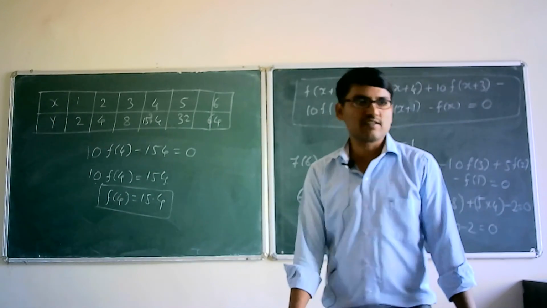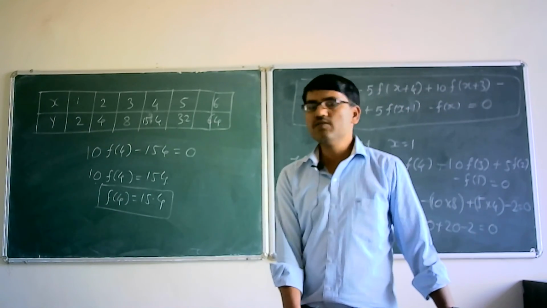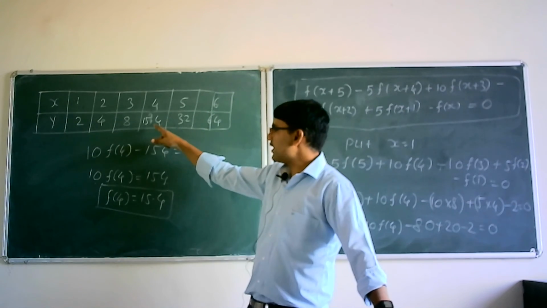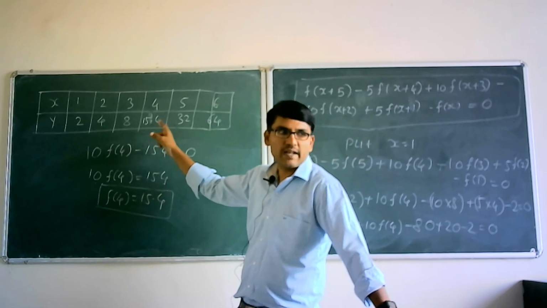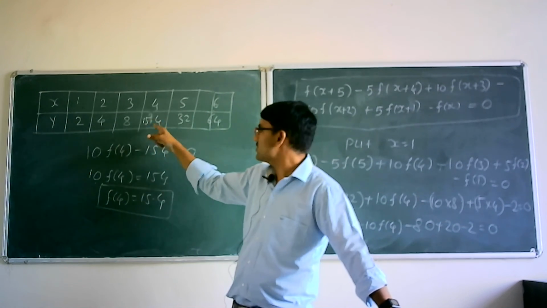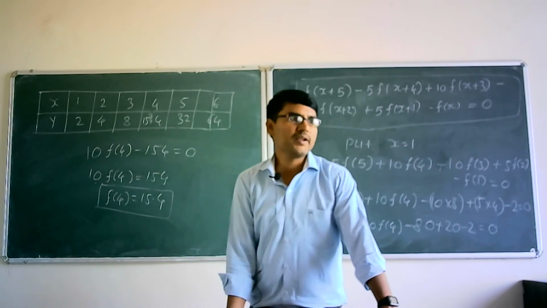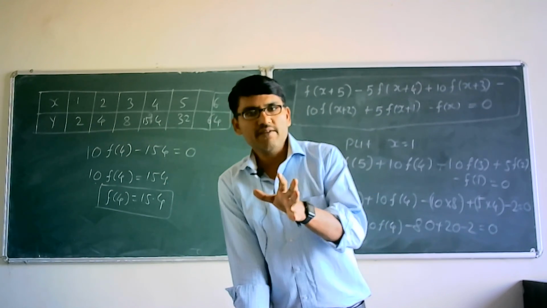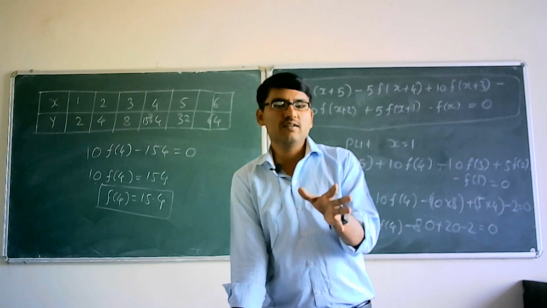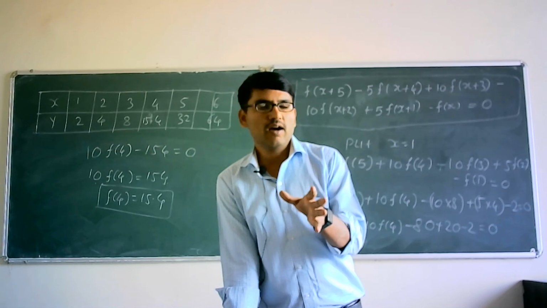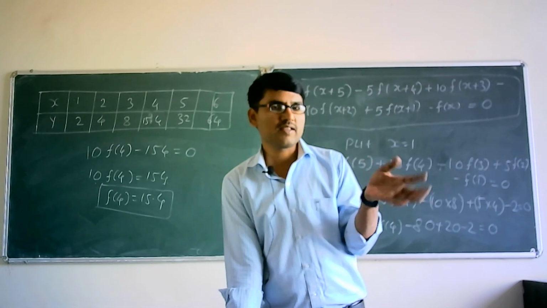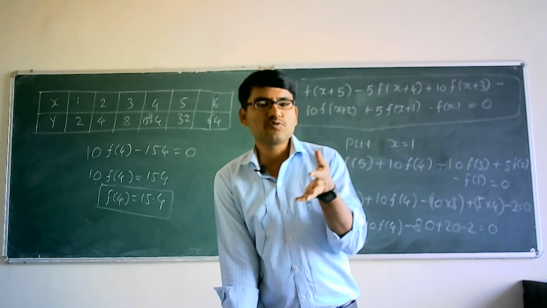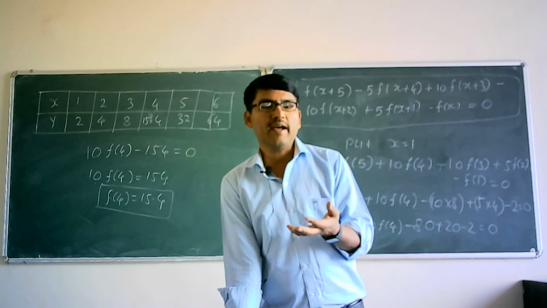If you observe, the answer must be 16, but it is not exactly 16. You will get an error here. This is a calculated value, not an exact value. It is 15.4. Why do we get an error here? I already told you in the first chapter that these are numerical techniques to obtain an answer.